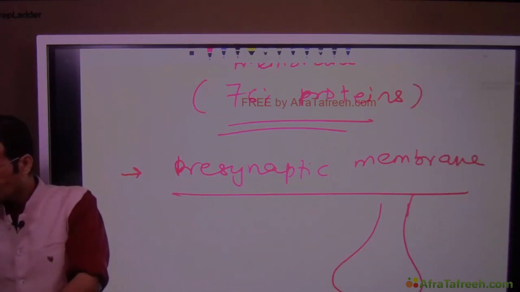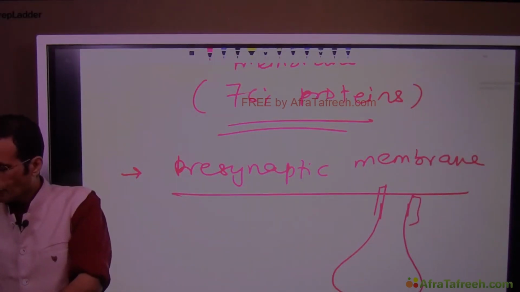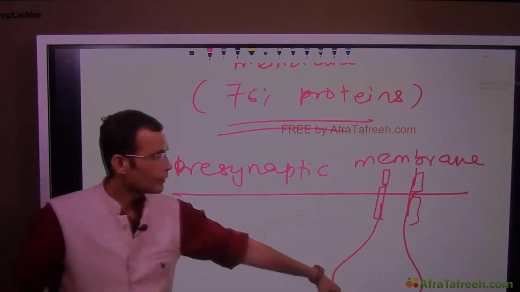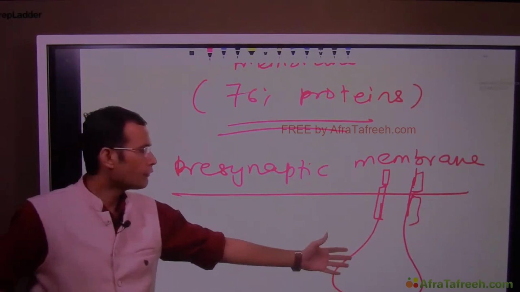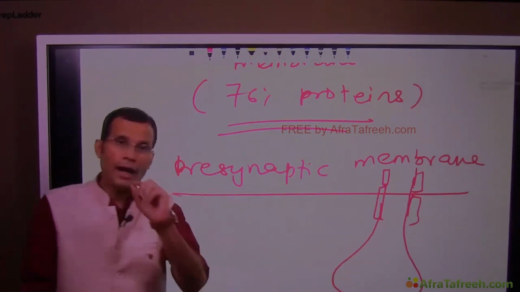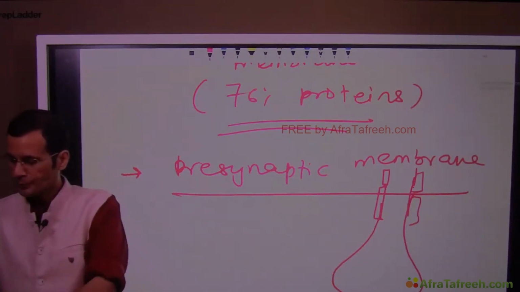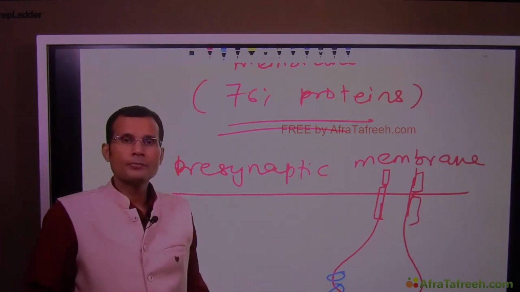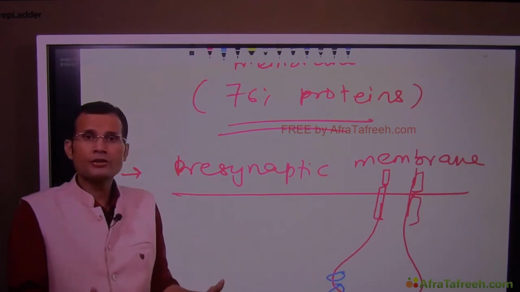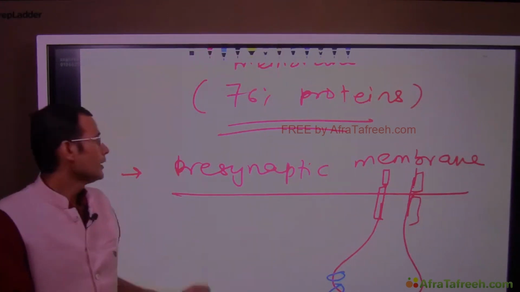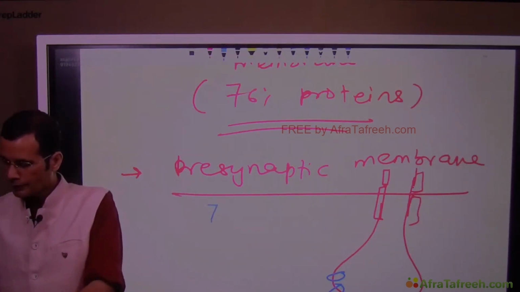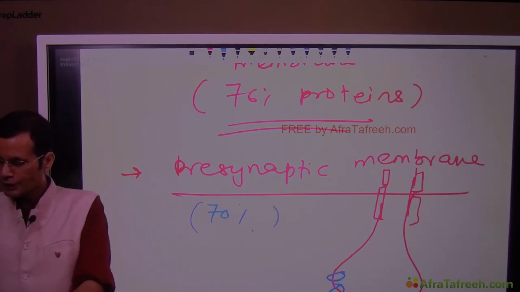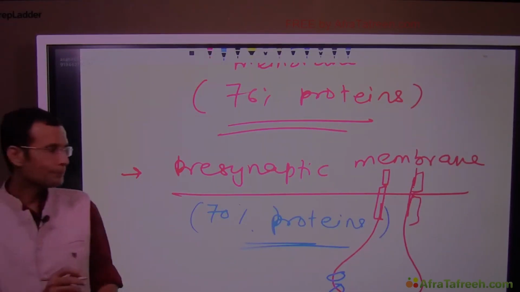Look, myelin sheath is formed around the neurons, but wherever there is a neuronal ending, it's devoid of any myelin sheath, and therefore less lipid and more proteins, because there are channels in the presynaptic membrane. And what are those channels? They are protein based structures. So presynaptic membrane has almost 70% composition of proteins.